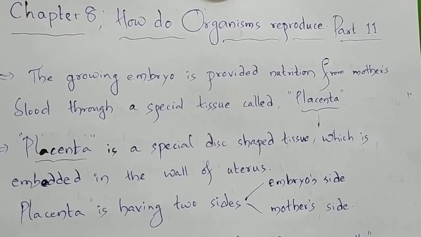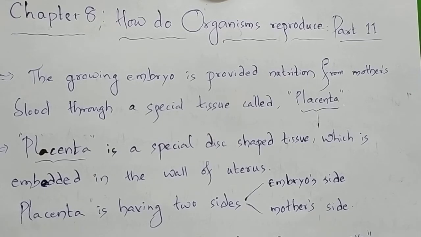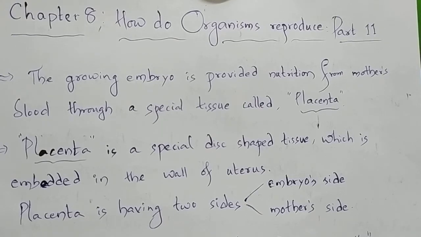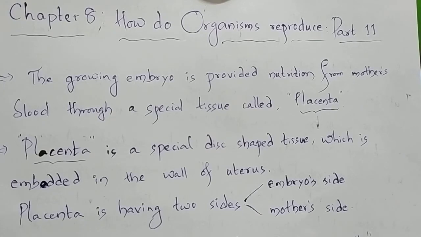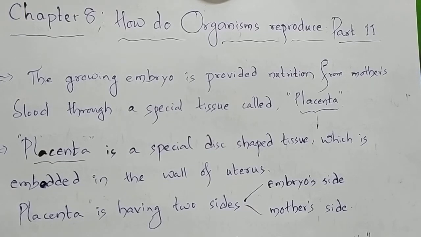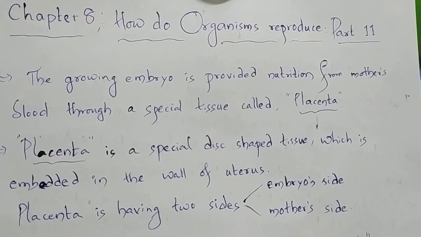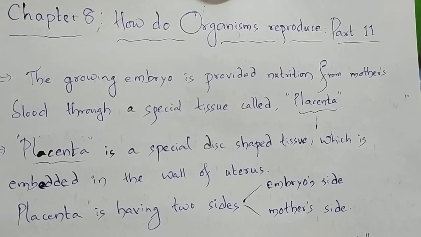After a very few divisions, a ball-like structure is formed from this zygote, which moves to the uterus, and in the thick lining of the uterine wall, this ball, the initial cellular mass formed from the zygote, gets embedded. The embedding of zygote into the uterine wall is known as implantation.